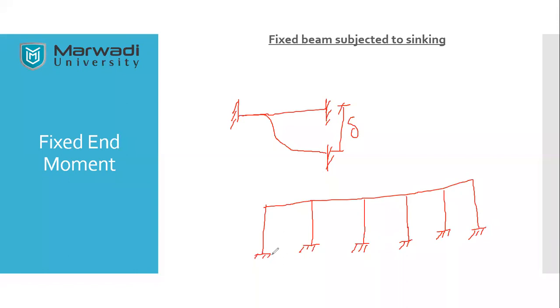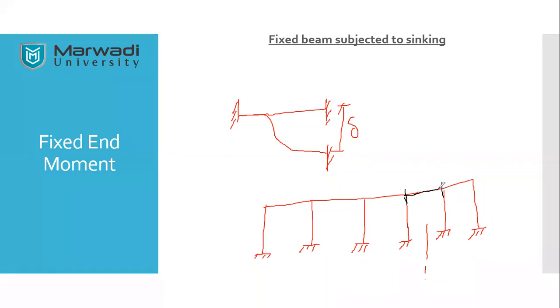Suppose up to this point the soil is one type, but as soon as we shift from this portion to this portion, due to some reason the soil is different. So what happens when the soil is different? There are chances of differential settlement. When the differential settlement occurs, what happens to this particular beam?